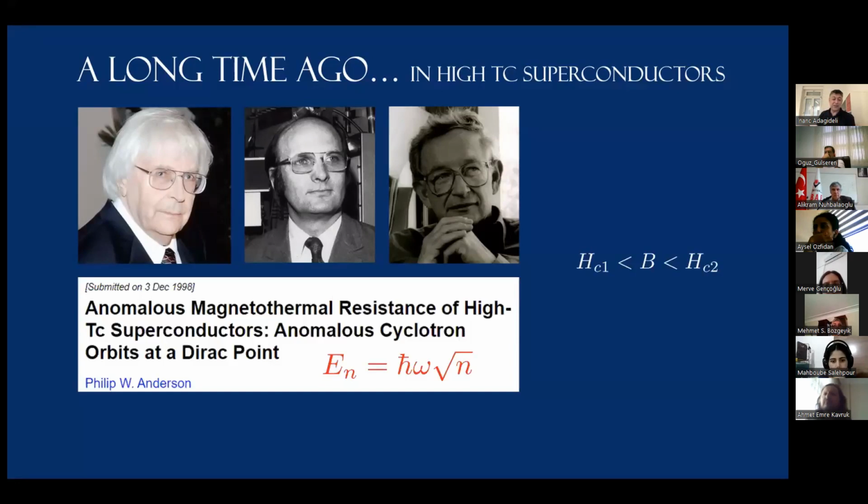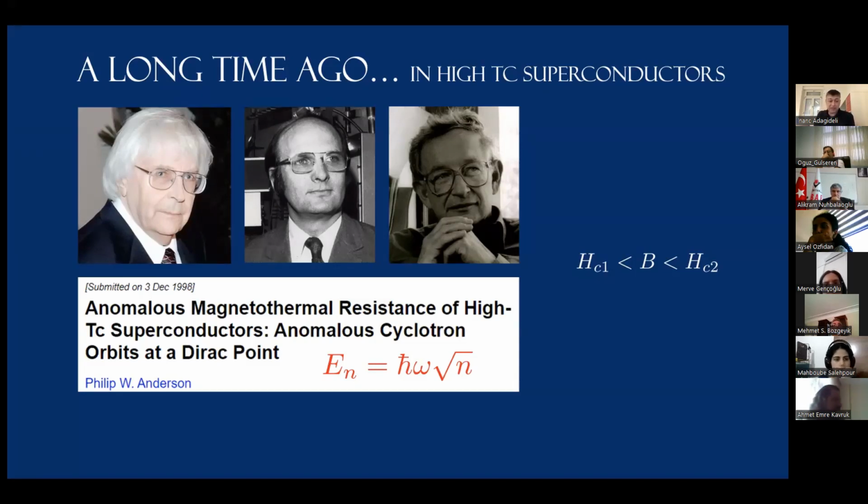And this is from a preprint from Anderson, dated 3rd of December, 1998, a decade before graphene was ever uttered. They calculated this, and basically they derived this really nice relativistic dispersion for Landau levels. So instead of having this n+1/2, you have square root of n.